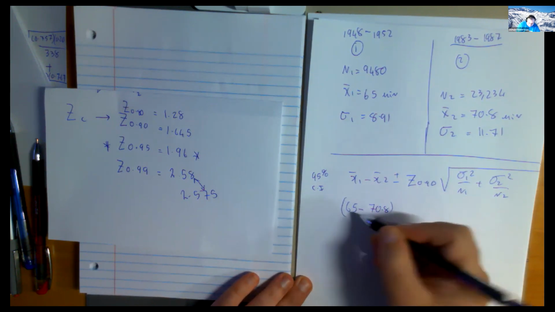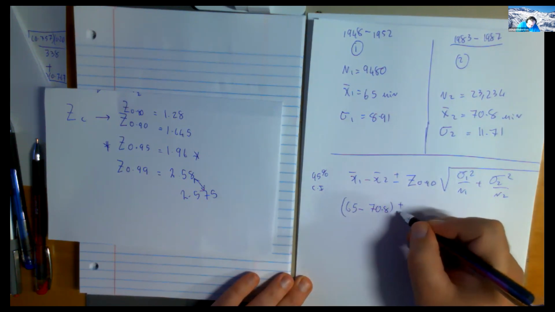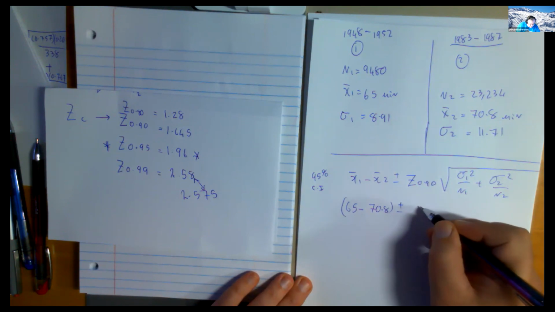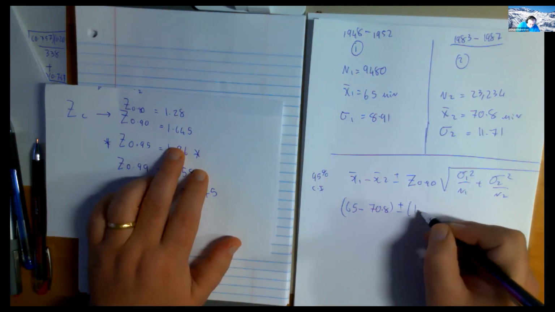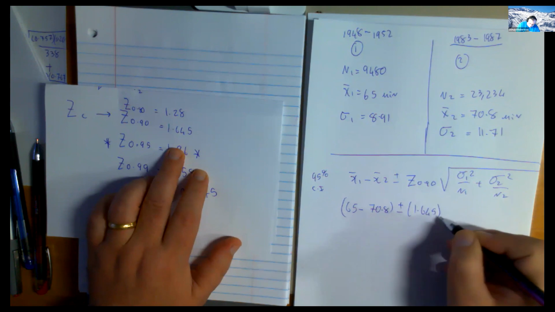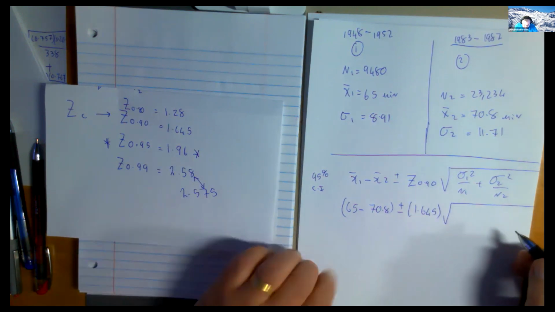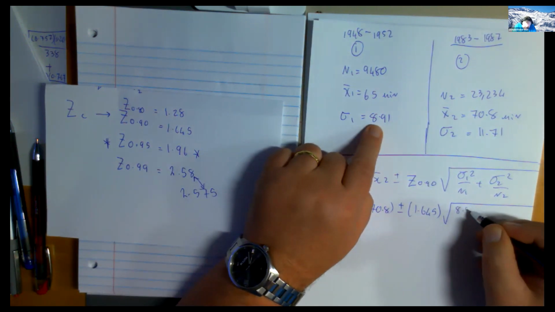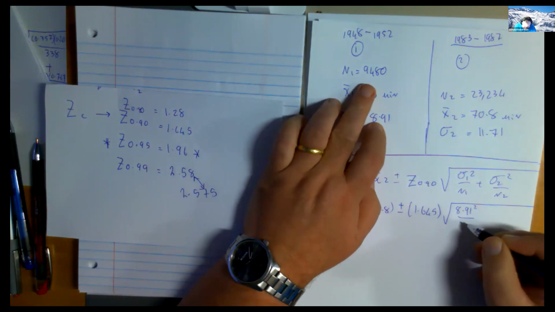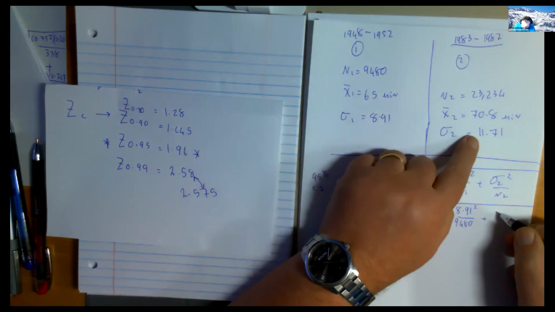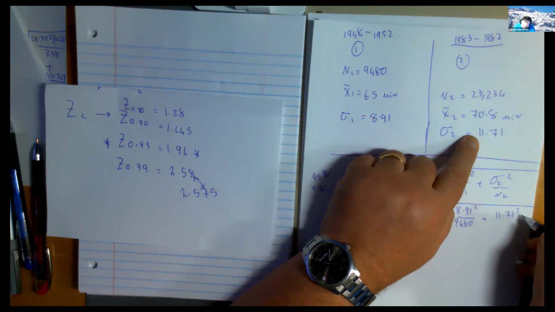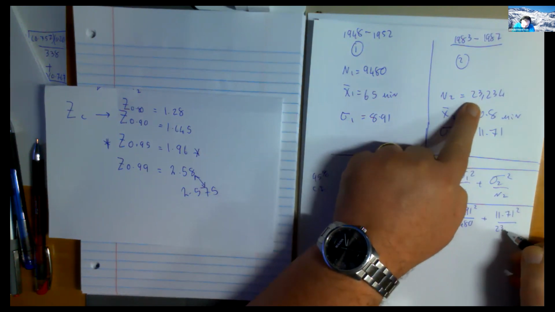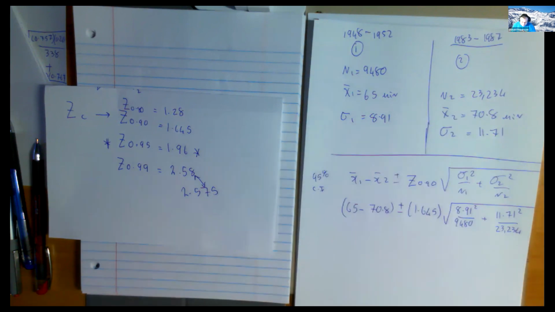Well, that's quite a big difference, 5 minutes, but is it enough? Let's find out. A 90%er is 1.645. 8.91 squared over 9,480 plus 11.71 squared over 23,234. Are we good with those numbers?